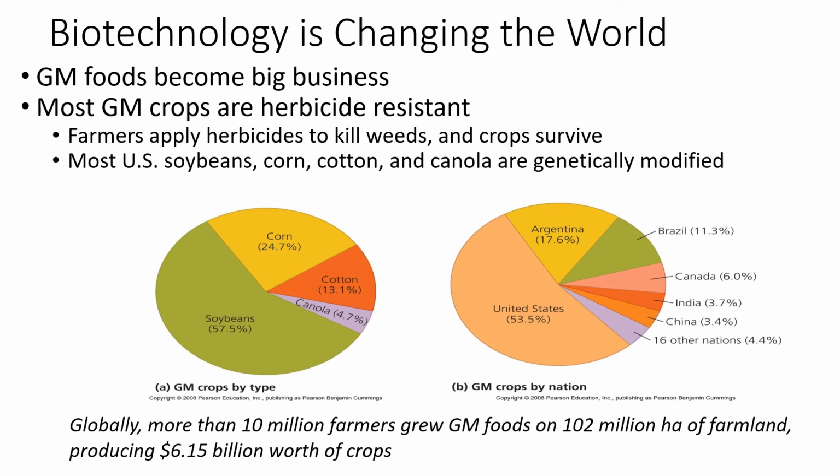Genetically modified foods is very big business now. Most genetically modified crops are herbicide resistant. So if you look at Monsanto, they have Roundup Ready soy, and that Roundup Ready means that I can spray glyphosate, which is what Roundup is.